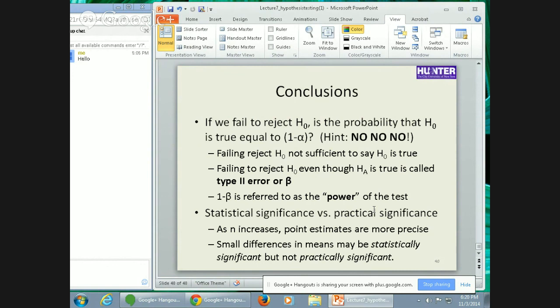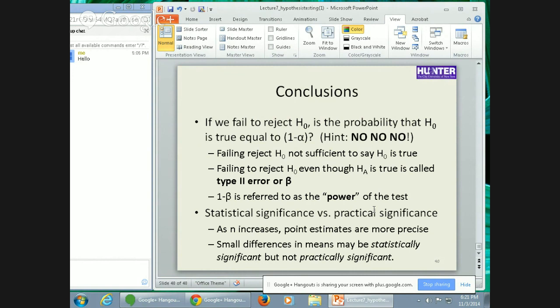If my null hypothesis was that the percentage of white beans is 50%, and I pull out 3 beans, 2 are white, 1 is black, I can't reject the null hypothesis that they're half and half.